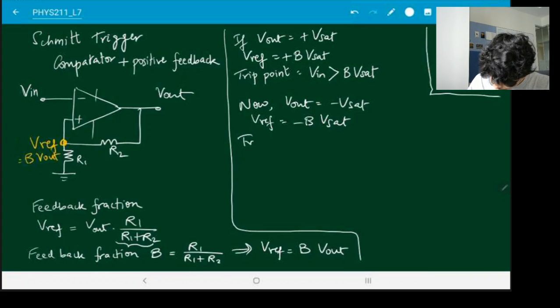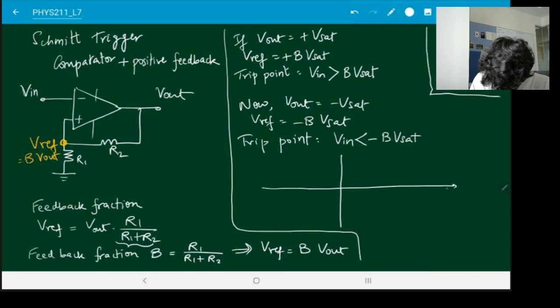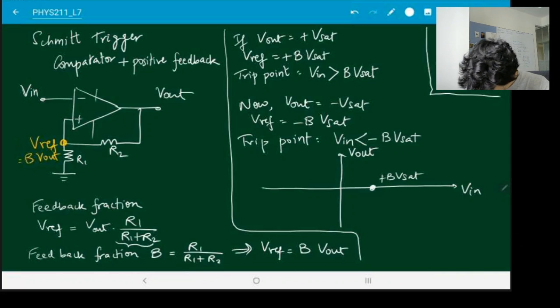So, now the trip point happens when Vin is less than minus B Vsat. And graphically, if I plot this, I get a very interesting figure. Suppose this value over here is plus B Vsat and this value over here is minus B Vsat.